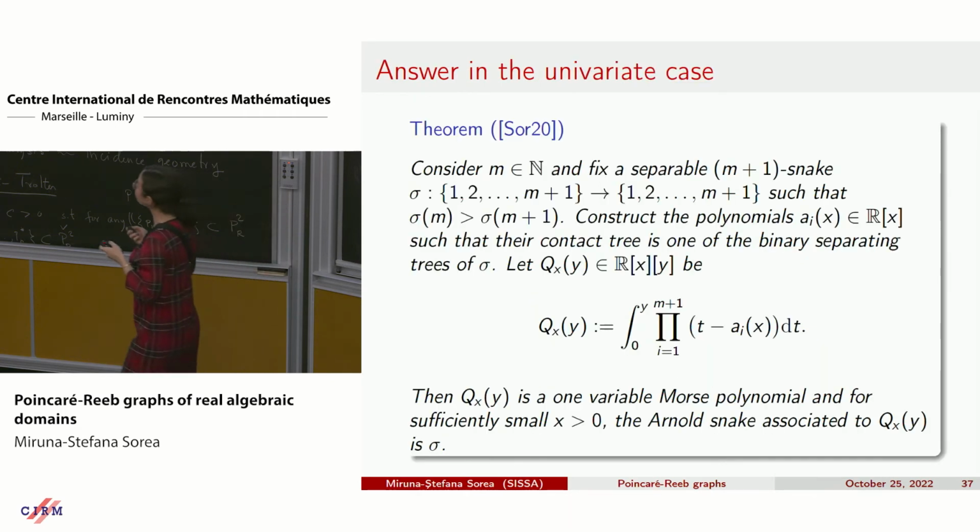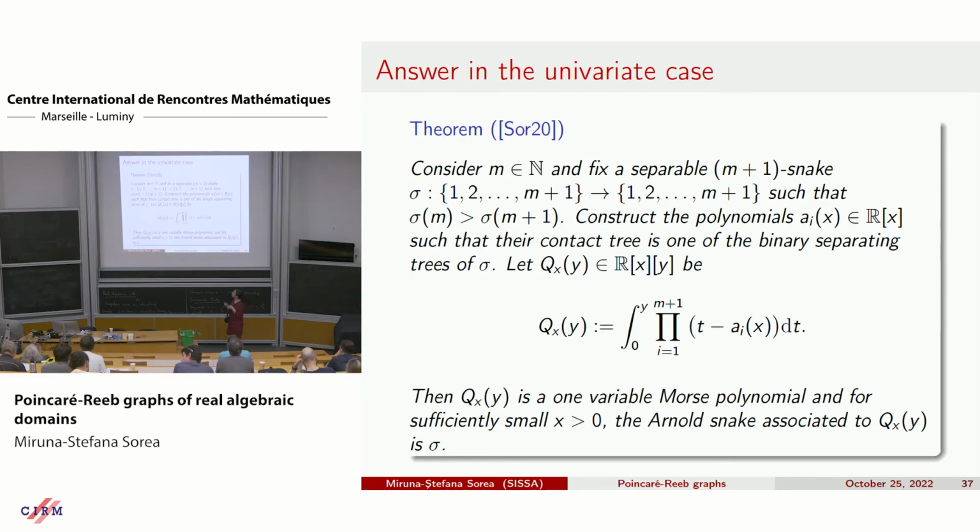And now we are ready to see the construction in the univariate setting, for univariate Morse polynomials. Now, remember, we are given a separable snake.